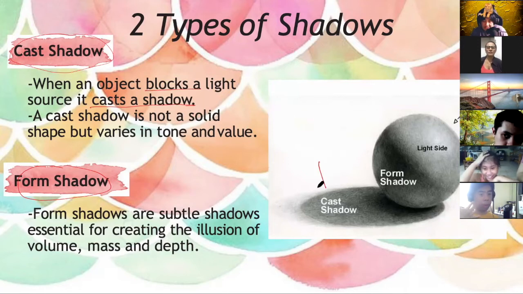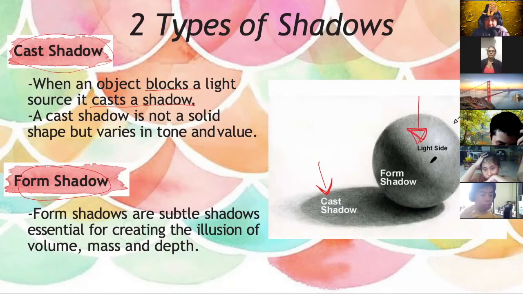The cast shadow is a shadow being made by the subject. The form shadows are subtle shadows essential for creating the illusion of volume, mass, and depth. Form shadow is the shadow inside or around the surface of your subject.